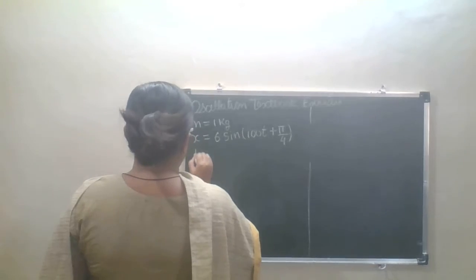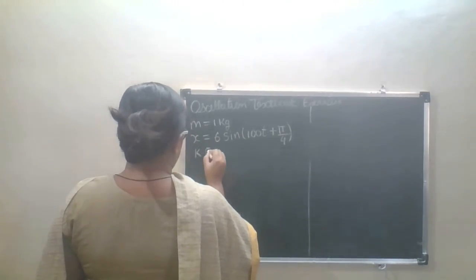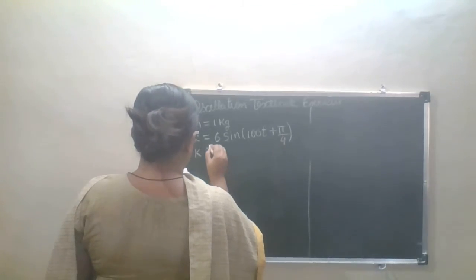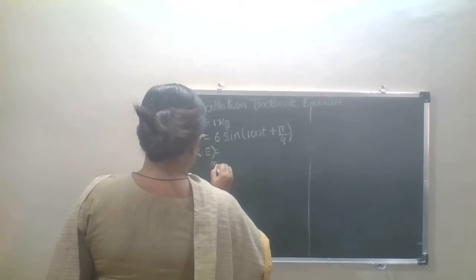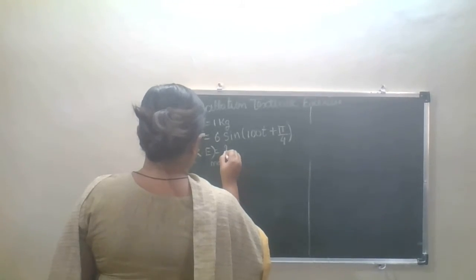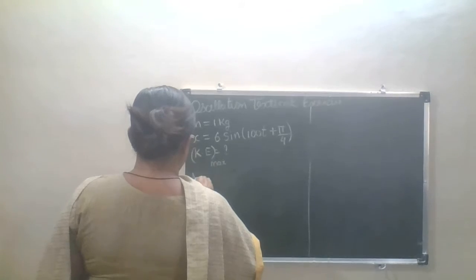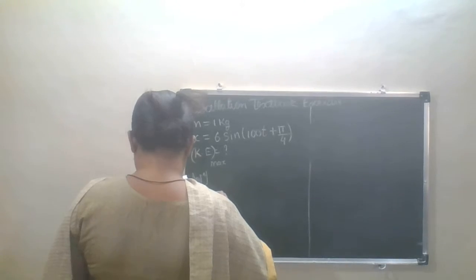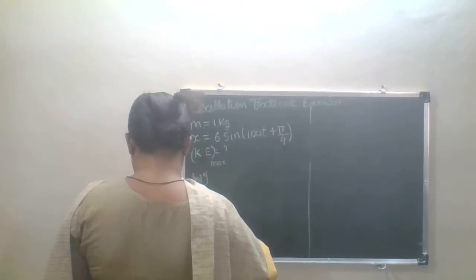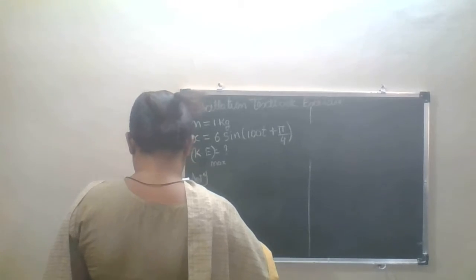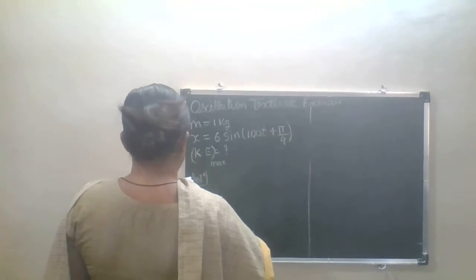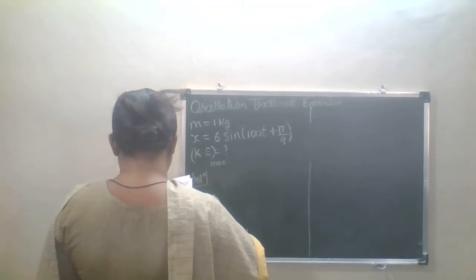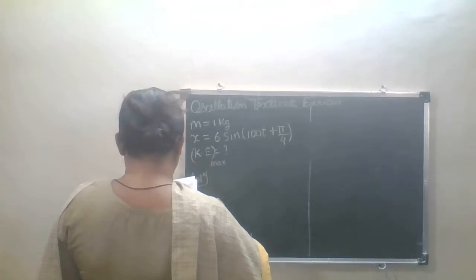We have to find the maximum kinetic energy. Here we see that x is equal to 6 sine of omega t plus phi, and phi is equal to pi by 4.